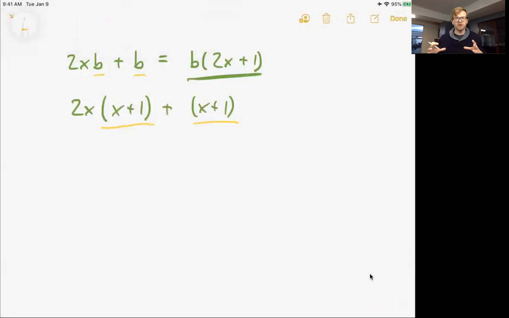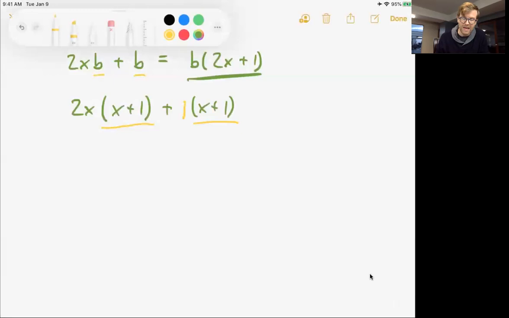Even though it's a lot bigger, a lot more complex looking, it's just something that is multiplied by 2x and something that is multiplied by 1, and we can factor it out in the same way that we factored out that b. And realizing that is essential for being able to do factoring by grouping.